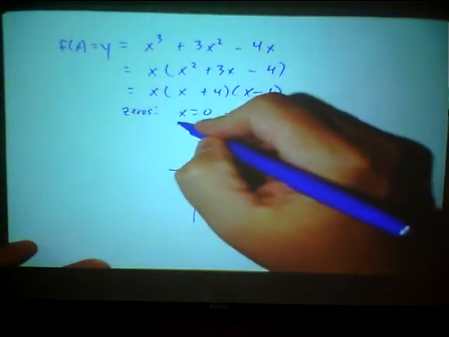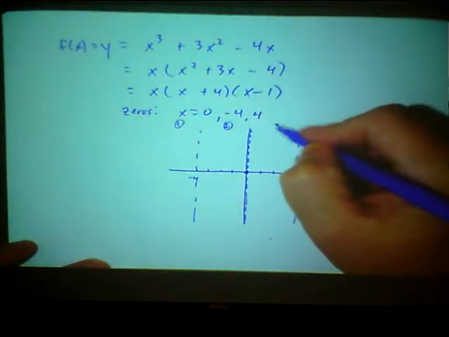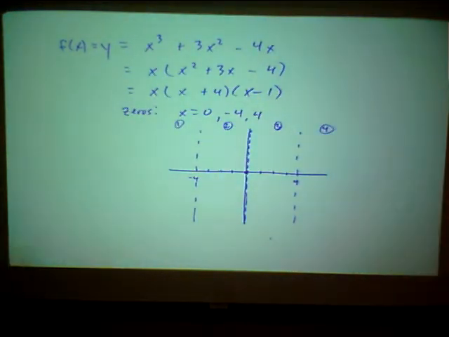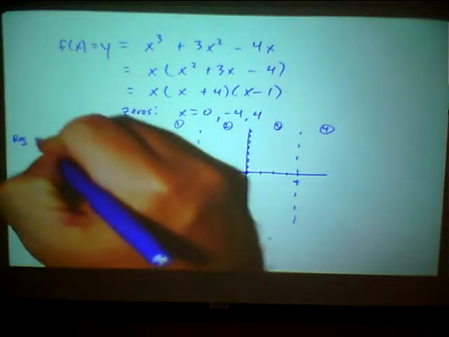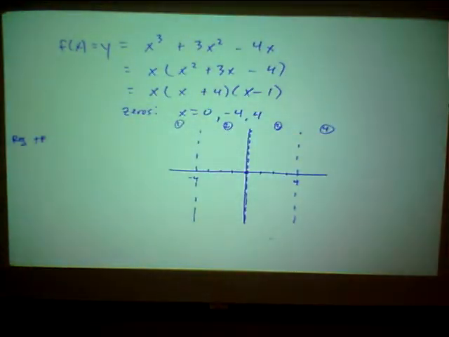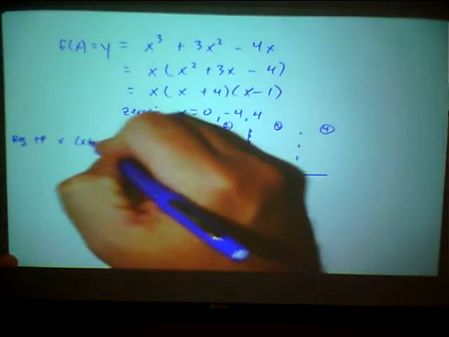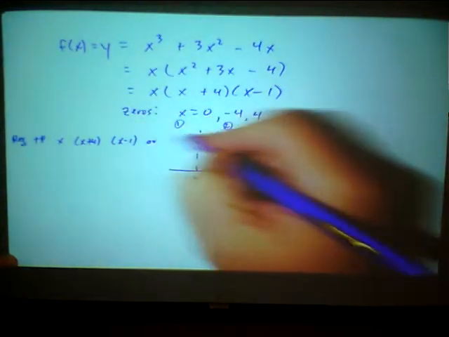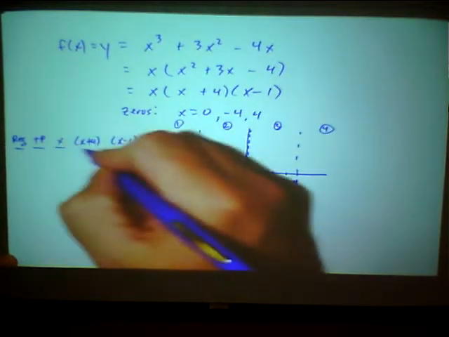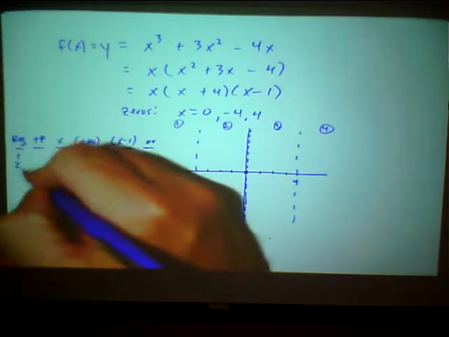Turns out I'm going to have 4 regions in this graph. So if I can go over here and squeeze in my sign chart, I have 3 factors, x plus 4, x minus 1, and then overall. I have 4 regions.